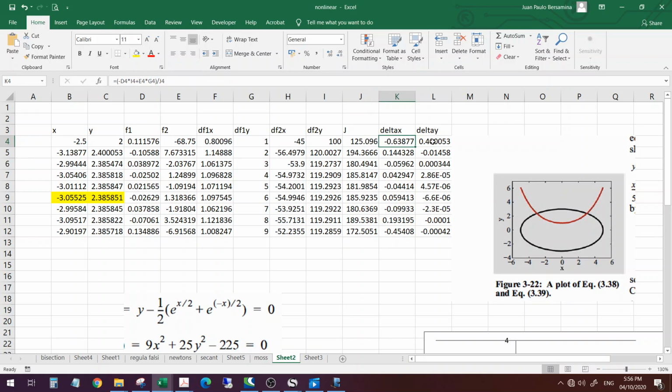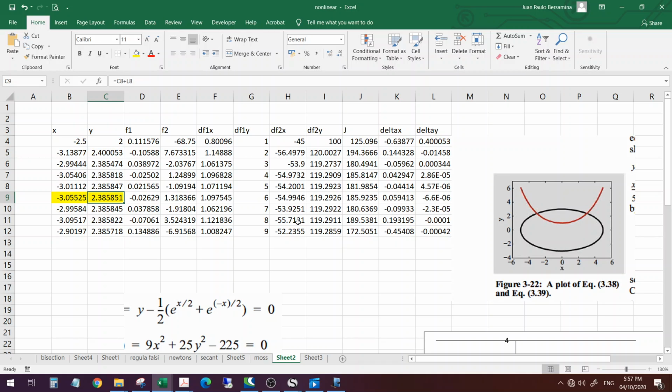These determine the next values of x and y from the initial value. Implementing that, we have this solution: negative 3 and positive 2.38.